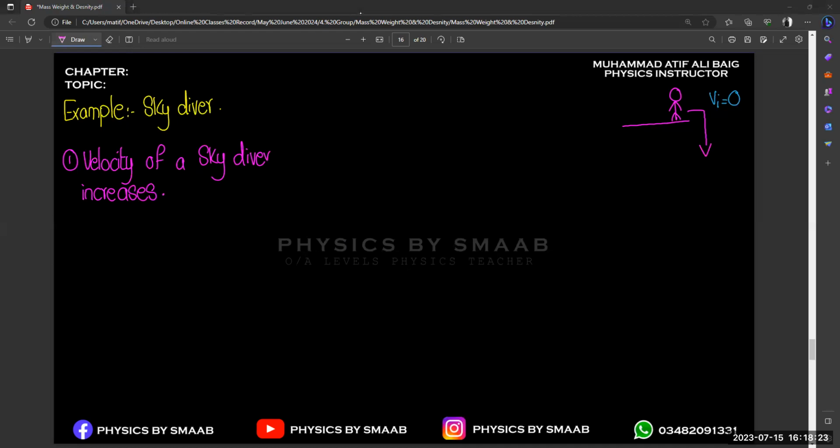And what about the air resistance? It also increases, right?